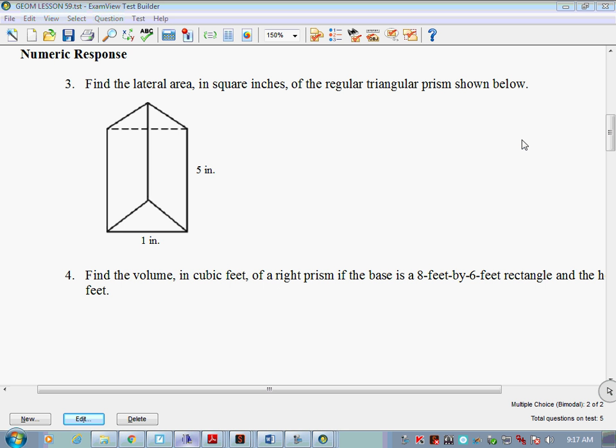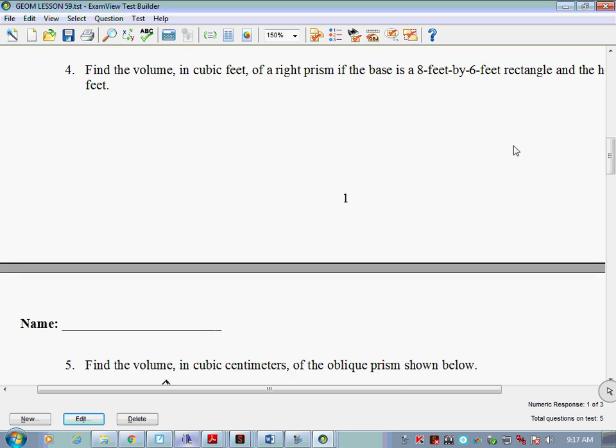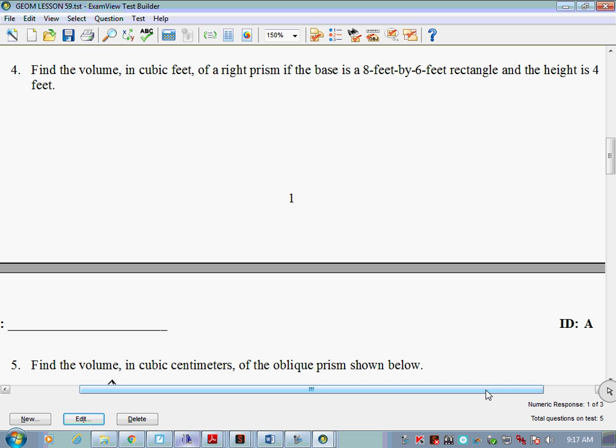Okay, 4. Find the volume in cubic feet of a right prism, if the base is 8 feet by 6 feet, rectangle. So my base is a rectangle.